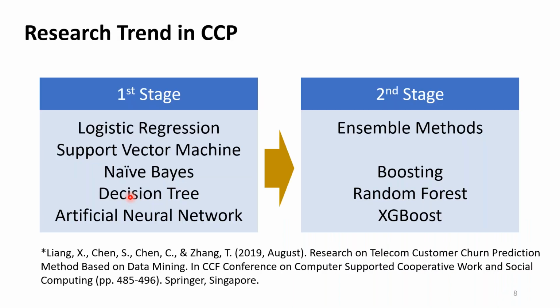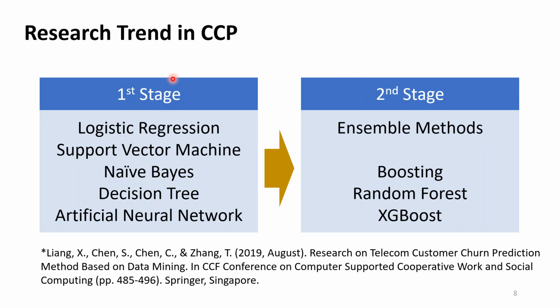Let me review some research in this field. According to the review by Liang et al., the models used in telecommunication customer churn prediction research can be divided into two stages. The first stage means earlier studies, and the second stage is recent studies.